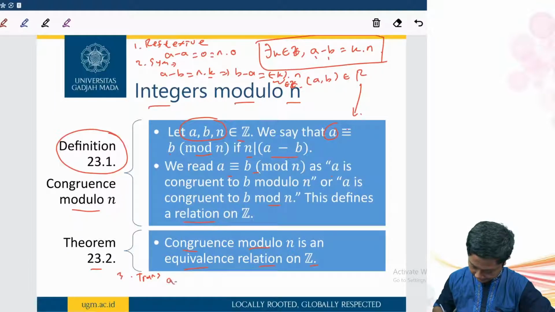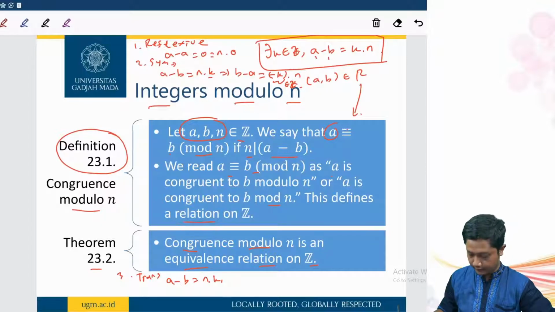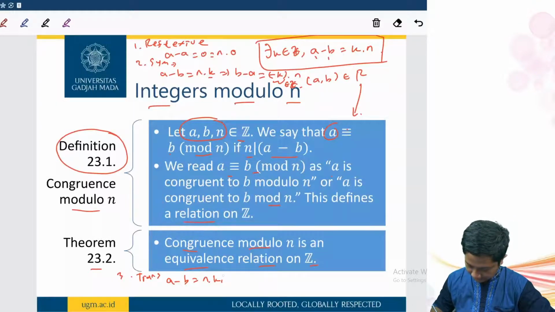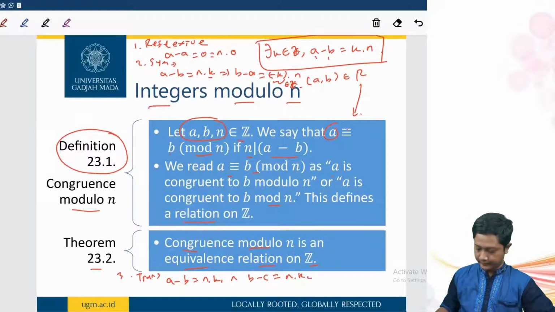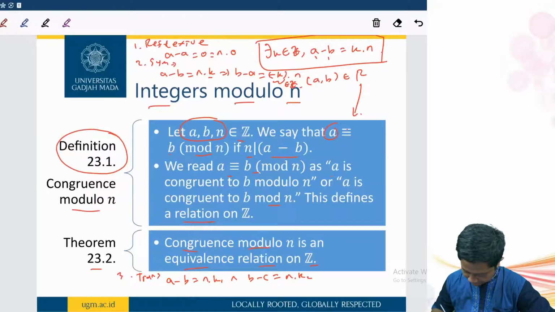Okay, and the last one is the third one, transitivity. If I have a minus b equal to n times k1, that means a congruent to b mod n. And then I also have b minus c equal to n times k2. That means b congruent to c mod n. Then what I have, a minus c is a minus b plus b minus c. Correct? So that means I have n times k1 plus n times k2.